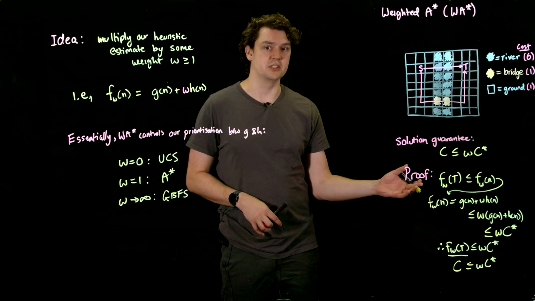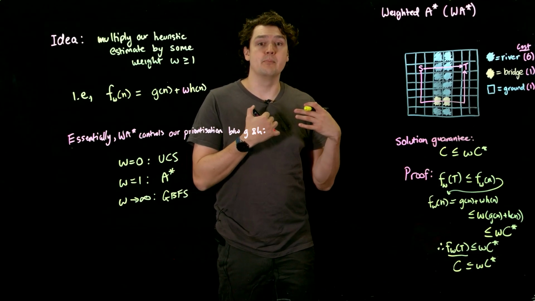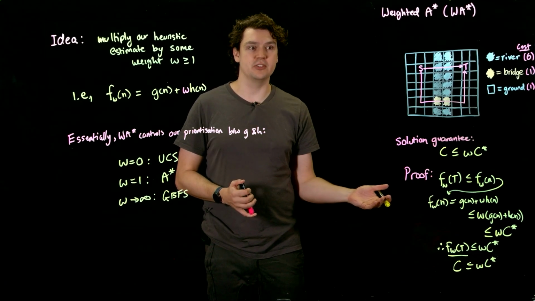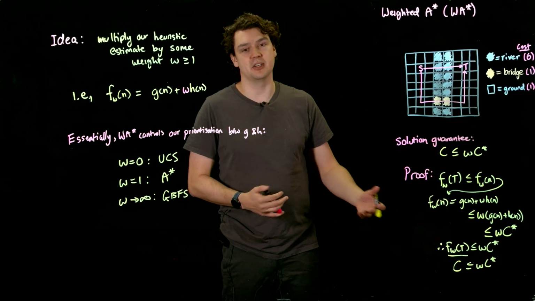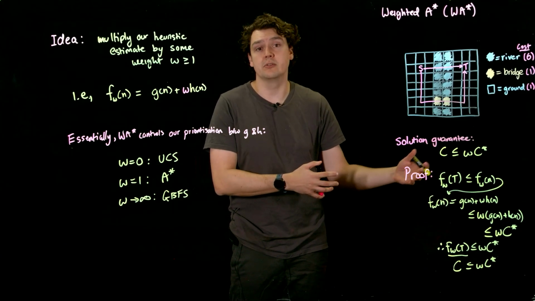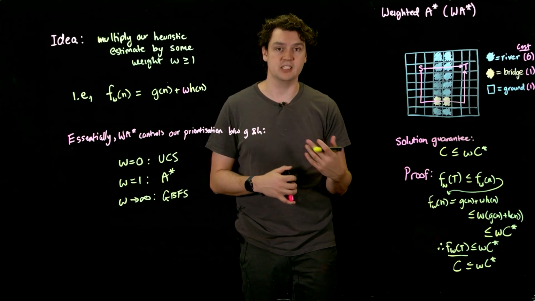What's also important to note is that the cost is only at most as bad as w times C*, but your average suboptimality might be much smaller. You could realistically still be obtaining very good or very close solutions. It's a worst case bounded suboptimality.